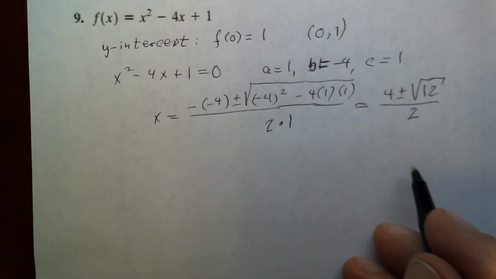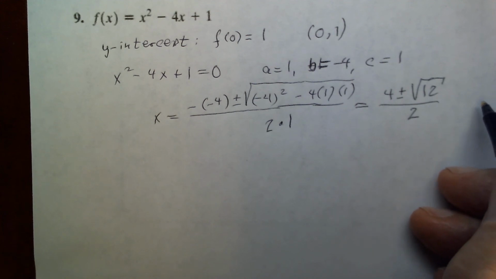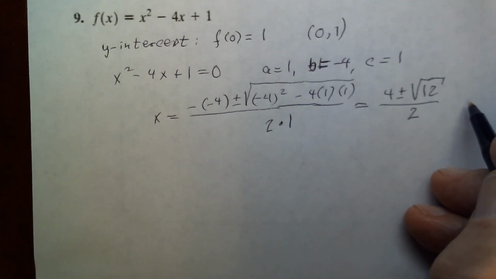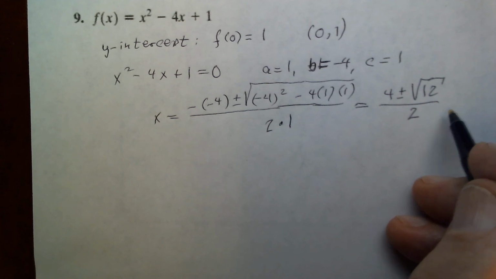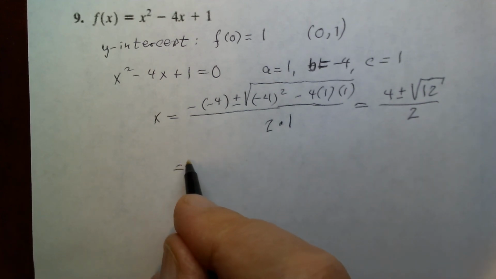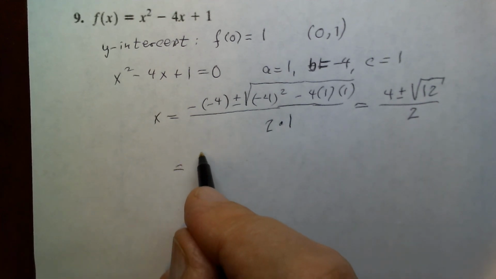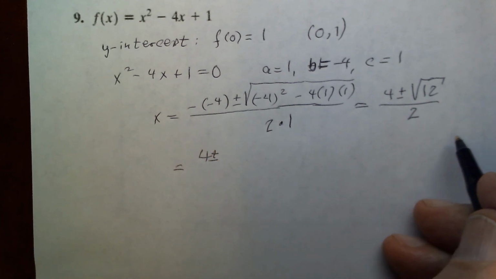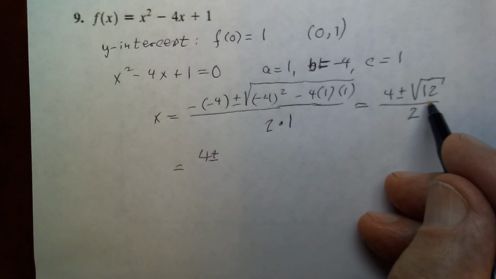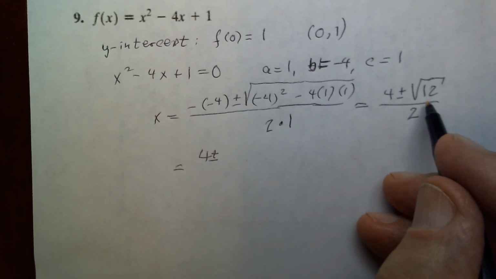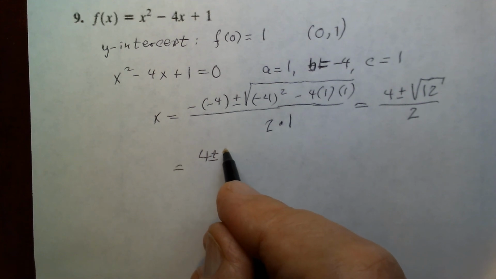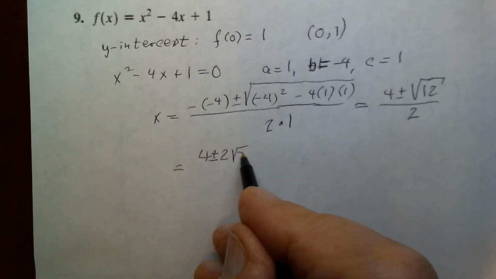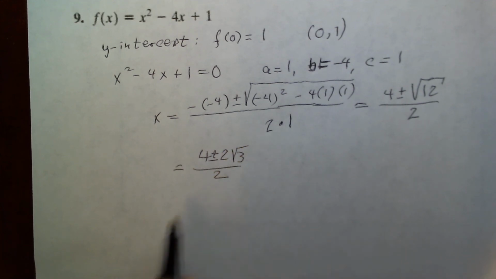Now the square root of 12 we can write using the perfect square of 4 times 3, and the square root of 4 is 2, so it equals 4 plus or minus 2 times the square root of 3, divided by 2.